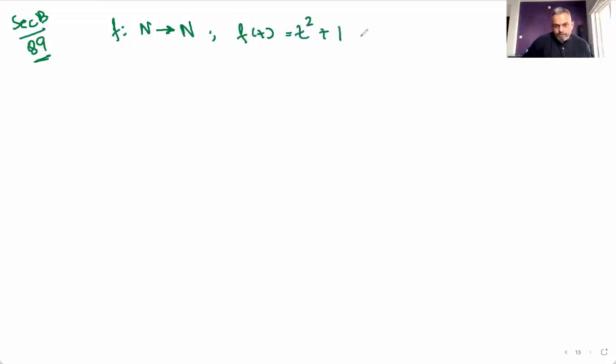Again, very important. Section B, question 9. Now, function f from n to n, f of t is equal to t square plus 1, t belongs to n. Find the type of function.